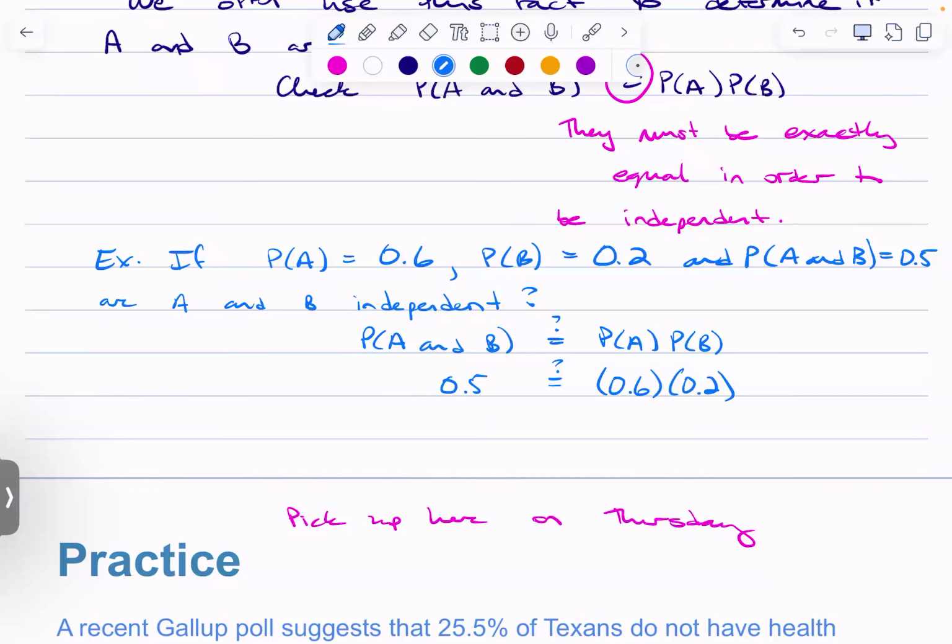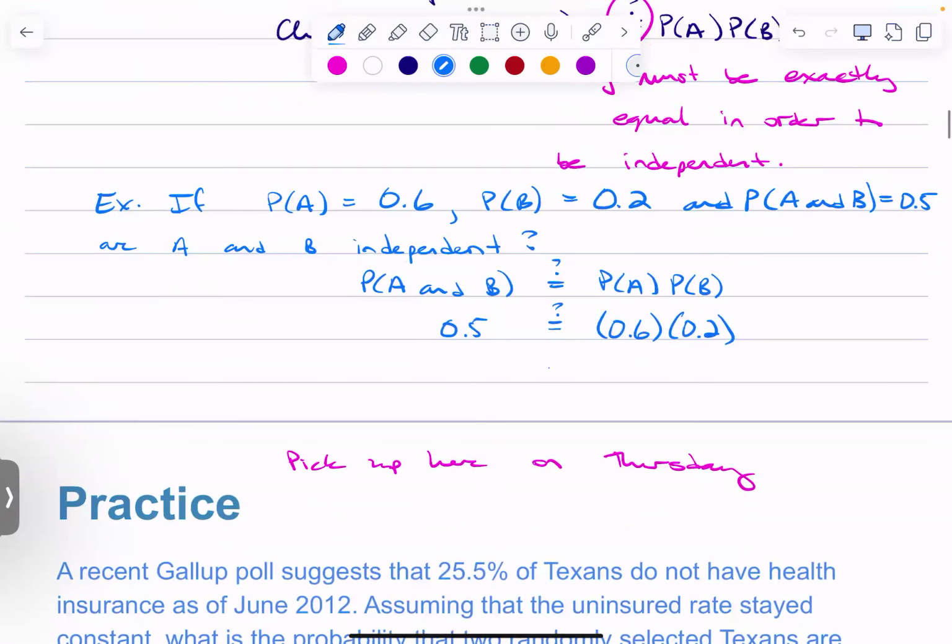I don't think so, but let's confirm. 0.6 times 0.2, I get 0.12, which is not equal to 0.5. So A and B are not independent.